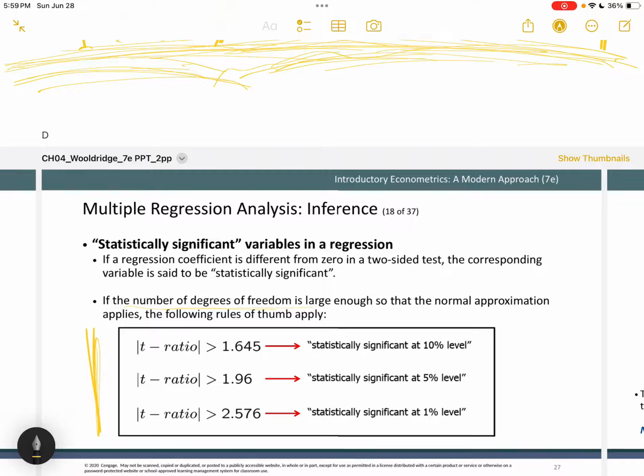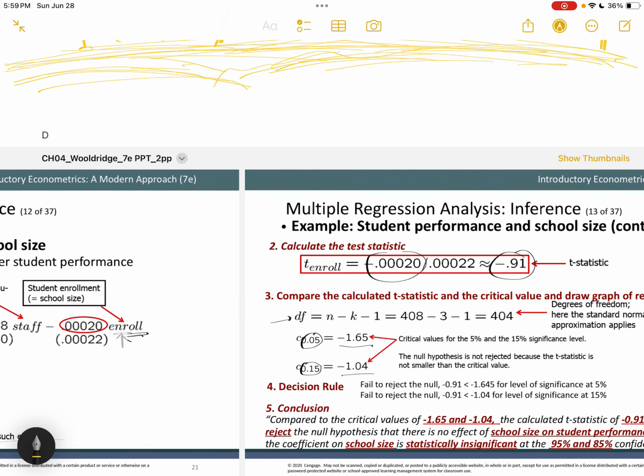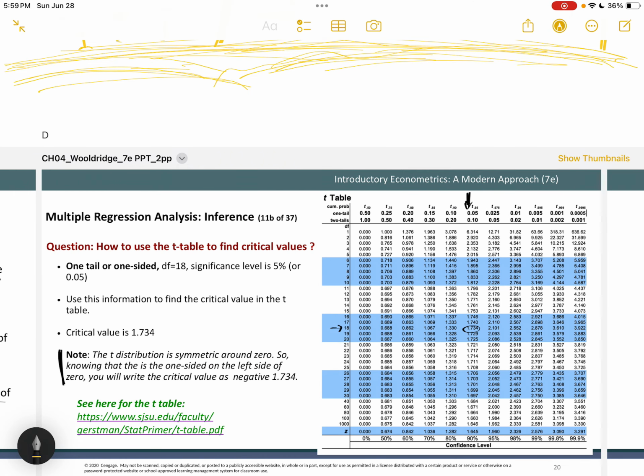Right, and this is happening if the number of degrees of freedom is large enough so that the normal approximation applies. Now, if you go to the table, you will notice what that means. Let's go back to the table. See, so they are picking all of this from the table.